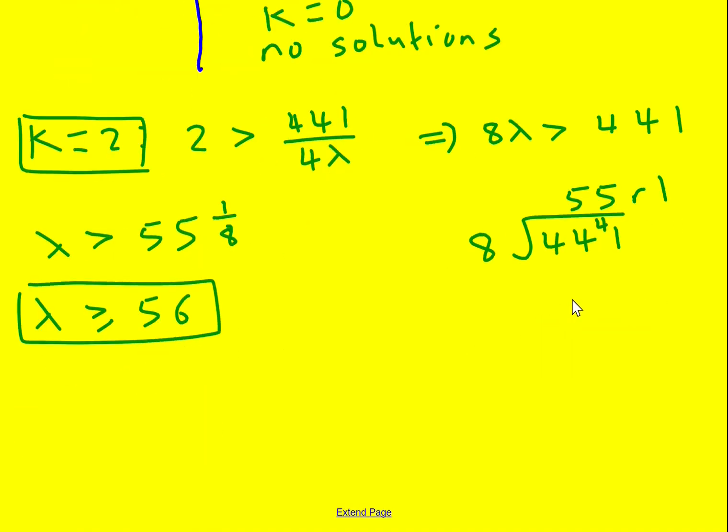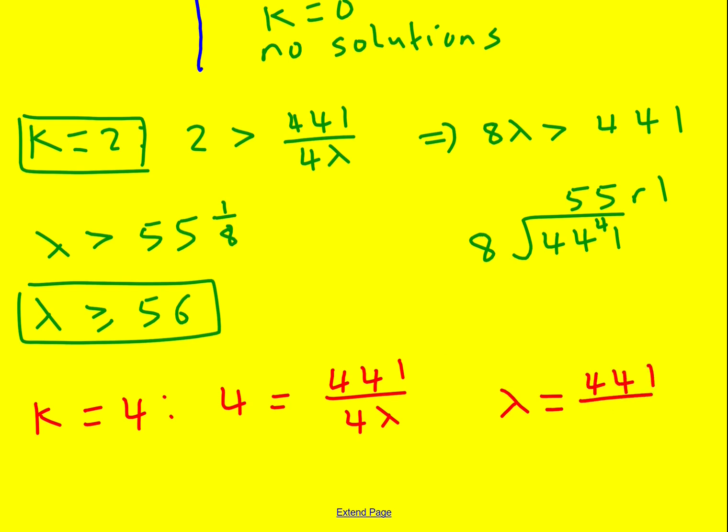So k equals 4. We'd have to get that 4 is equal to 441 over 4 lambda. So lambda would equal 441 over 16.